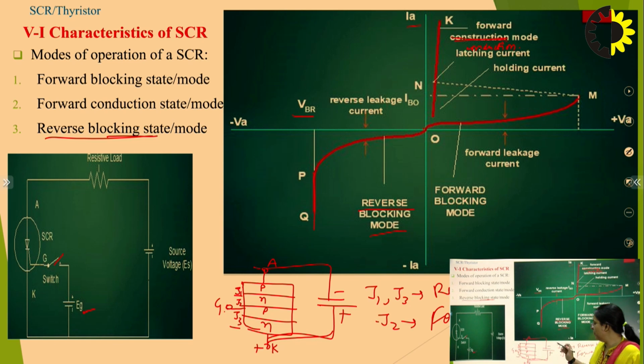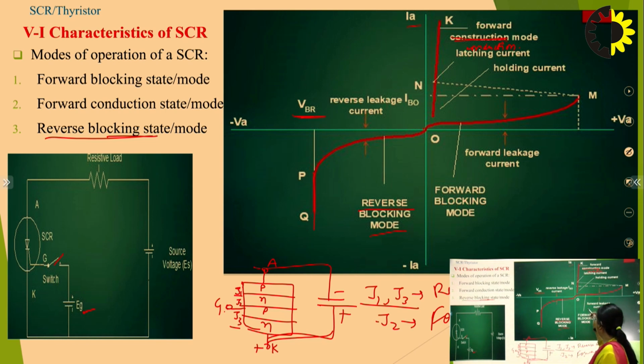When I apply a voltage greater than VBR, an avalanche will occur at junctions J1 and J3, due to which a large current will flow across the device. This large current may exceed the permissible temperature of the device and ultimately damage the SCR. So this is the reverse blocking mode.